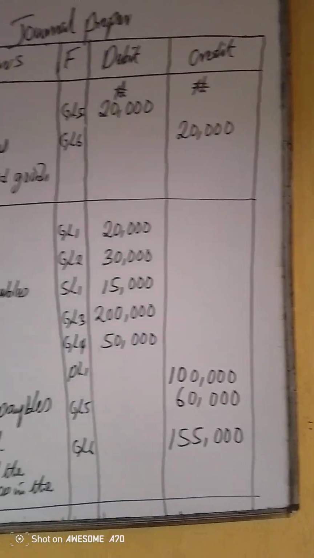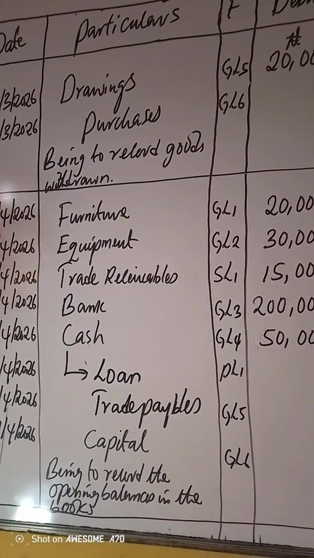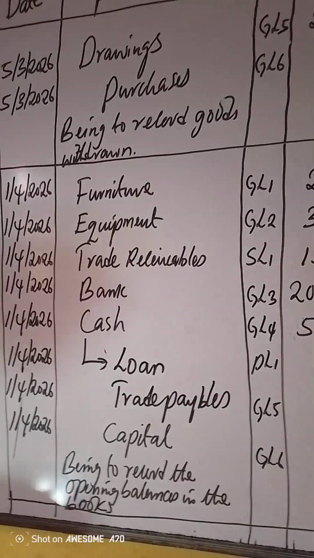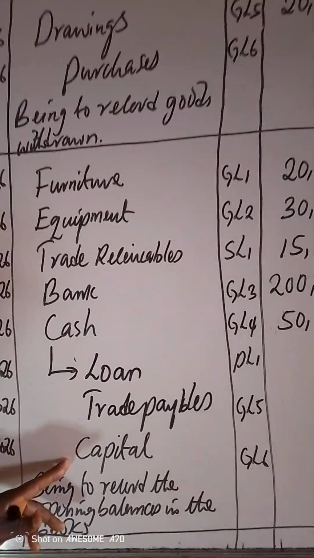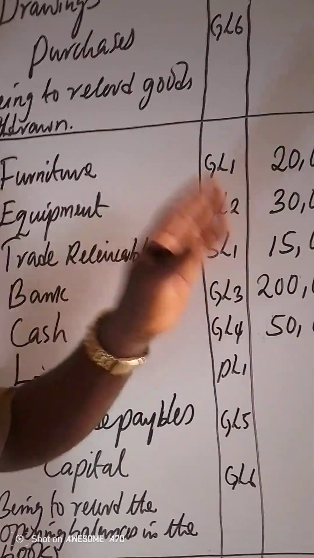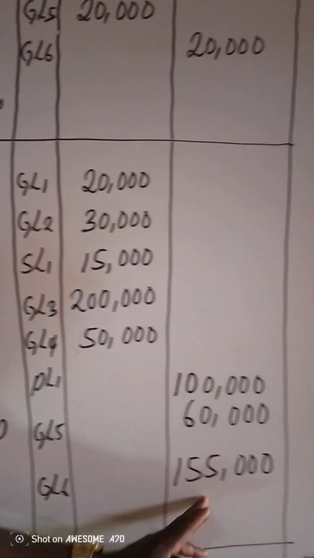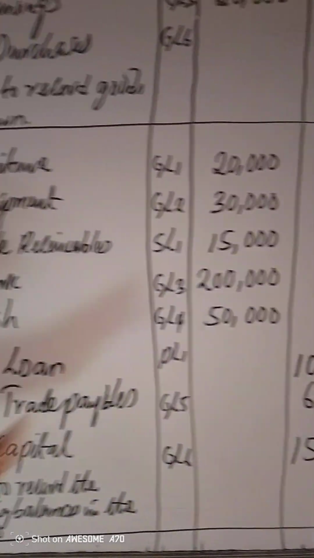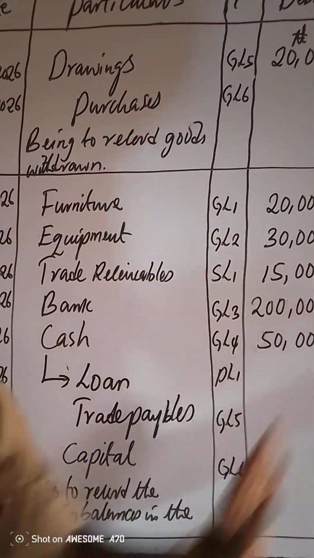Then you bring capital, which was not in the question, but you must derive it, so that the two sides must be equal. In this case, after subtracting the liabilities from the total assets, the capital is 155,000, then it's going to be on this side and the debit and credit sides are equal.